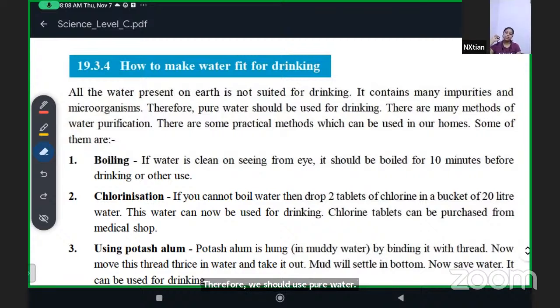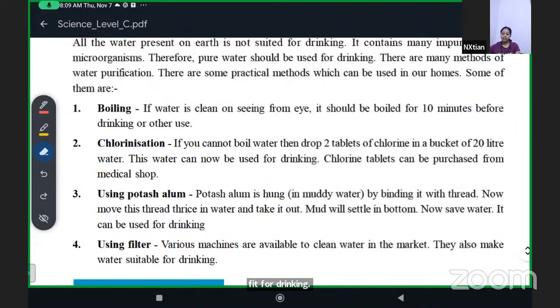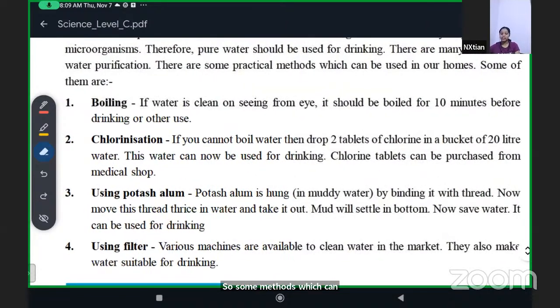Now, there are many methods of water purification. How to make that impure water fit for drinking. Some methods can be used at our home to make that water pure and fit for drinking. One is boiling.